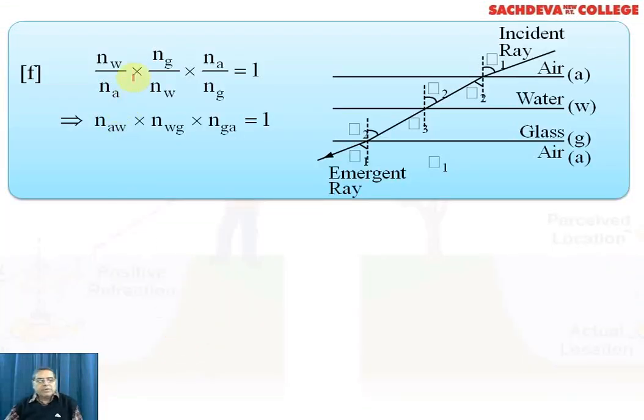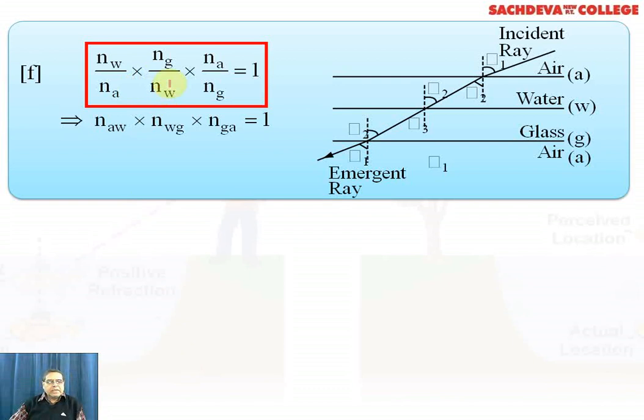Now, the refractive index of water with respect to air is written as NW over NA. It is multiplied by the refractive index of glass divided by the refractive index of water, multiplied by the refractive index of air divided by the refractive index of glass. So according to the previous equation, their product will be taken as 1.